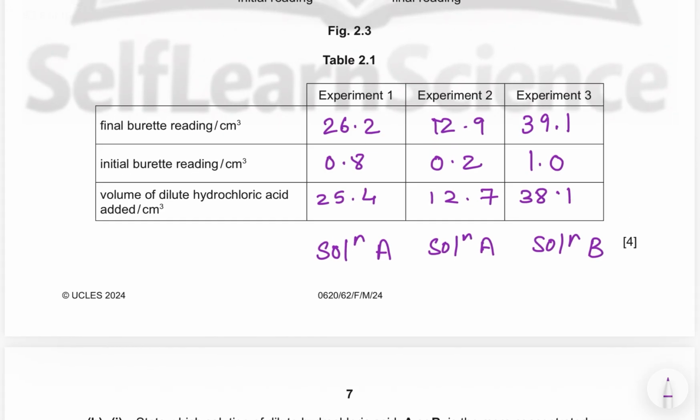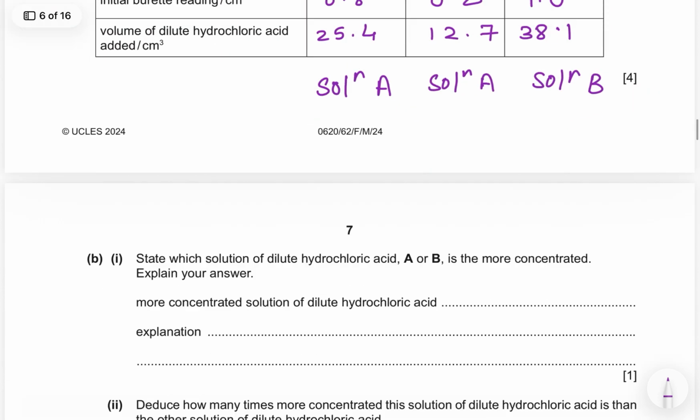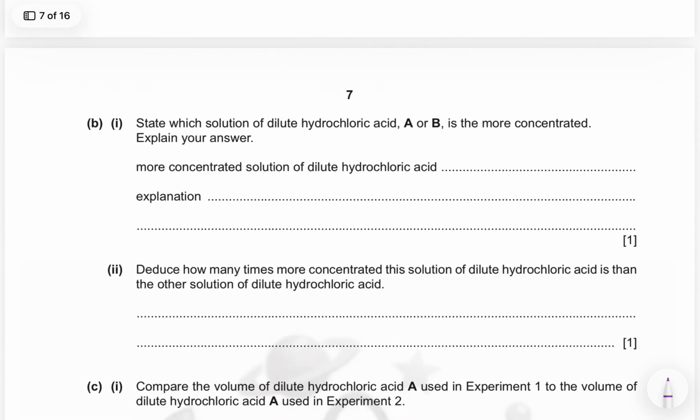The one where less volume is required, it is more concentrated. So if you consider solution A and solution B, solution A required is very less as compared to solution B. So the more concentrated solution is solution A, and it is because less volume of A is required.